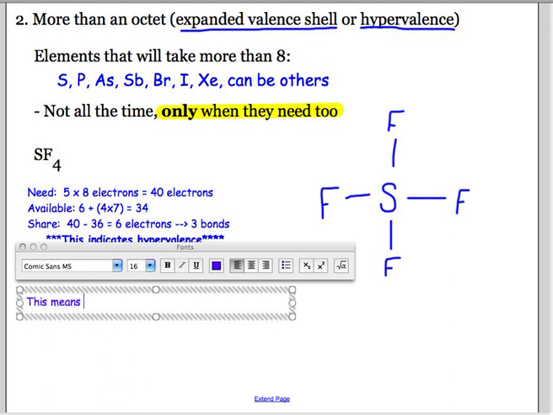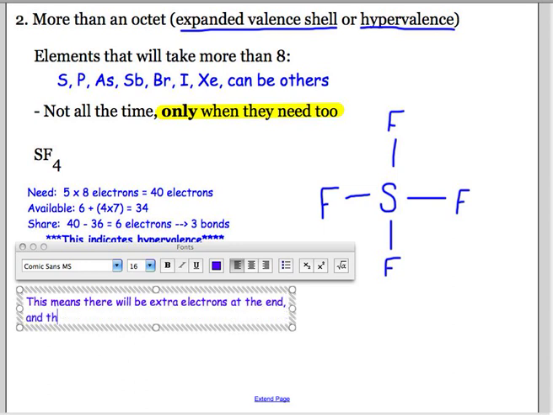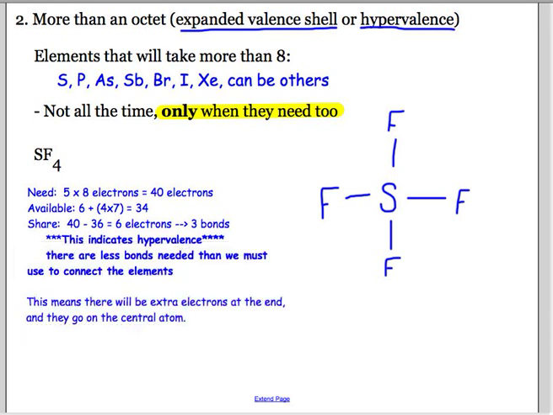This means there will be extra electrons at the end, and they go on the central atom. So we add all our extra dots in so that they can have their octet.